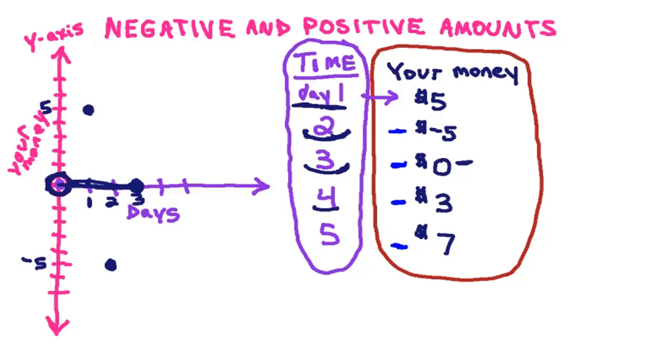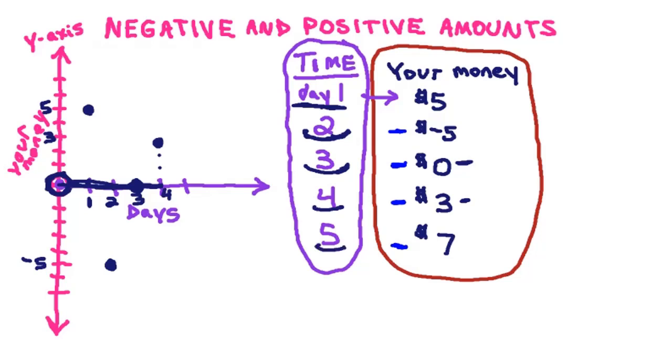Now on day 4, you remember you fed your friend's cat, and they gave you $3. And so on day 4, we're going to go out to day 4 on the x-axis, and now you're back in the positive again. You're up to $1, $2, $3. So we'll write $3 over here on the y-axis. So you're up to $3.